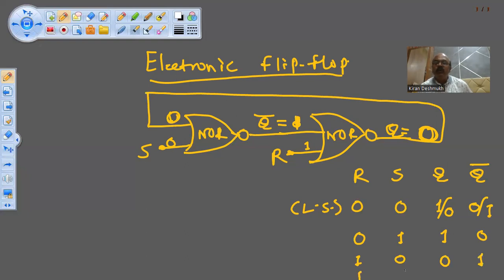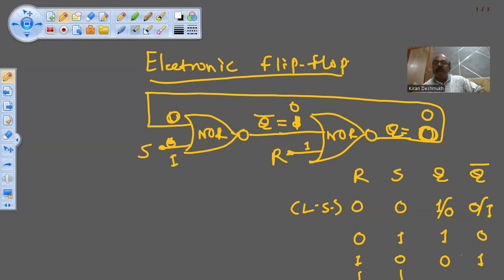Now if I make both the inputs 1, 1, what will happen? If S is also 1 and R is also 1, output Q will be made 0 and Q bar will also be made 0, because even if one of the inputs is 1, the output will be 0.